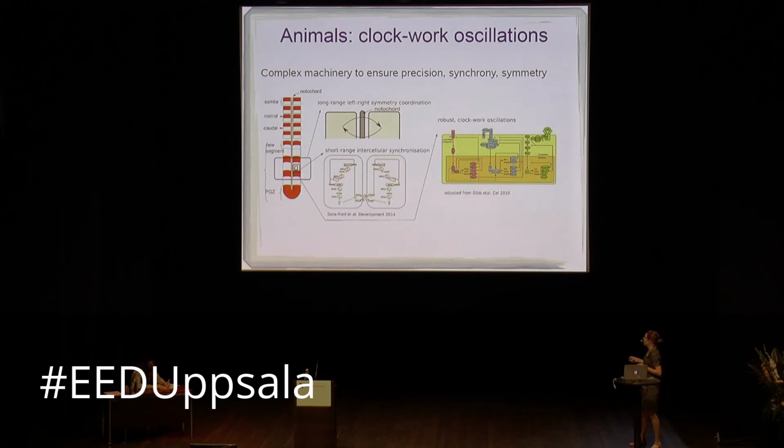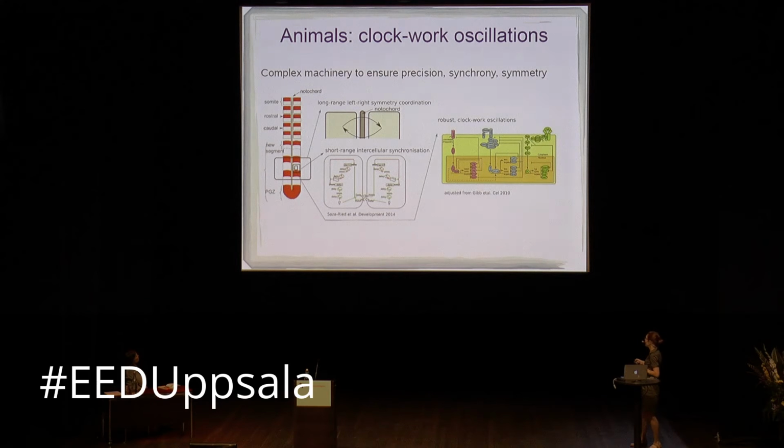Then when we look at neighboring cells, they're talking to each other through Delta-Notch signaling, and it has been shown that this is essential for keeping neighboring cells in phase. So rather than having a sort of salt and pepper pattern of neighboring cells being out of phase, they all go through the same stages, and therefore you can ensure that you have nice, sharp boundaries being formed.